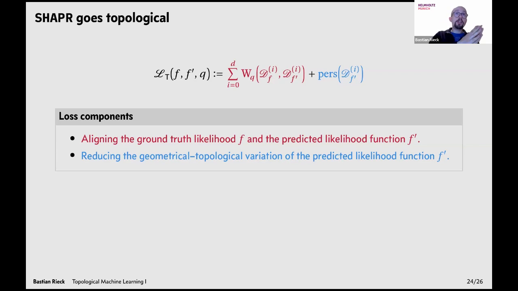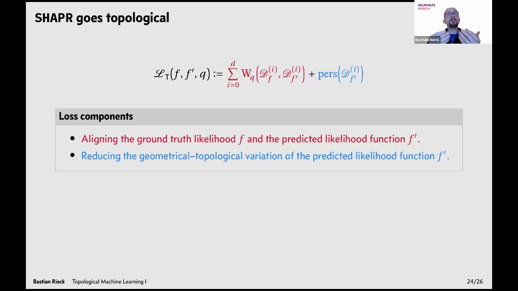By the way, computationally this works because the volumes that we're looking at are not really big, so we can still solve the Wasserstein optimization problem quite efficiently. The second part is, however, the one that I find very intriguing. The second part uses the total persistence, or some kind of norm, of the predicted likelihood function f prime. And that is indeed a very nice way to reduce the variation of geometry and topology of this function.